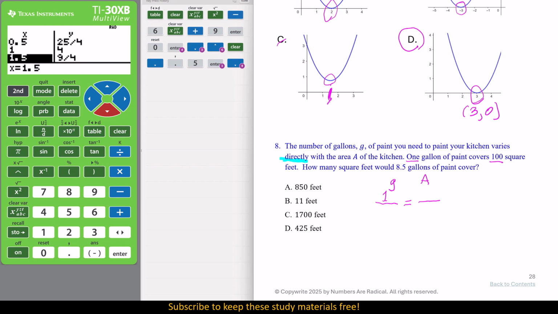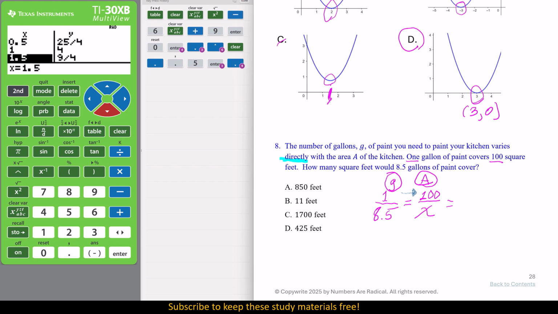Well, where do I put that? Well, we're not saying that this is a traditional proportion, the way we teach the students. When it says direct, that means straight across, okay? So that's where we put the 100. All right. Now, they're saying gallons. Remember, I have gallons to area, so I need to put the 8.5 here, and then that's where the X goes. So now you see exactly what to do.